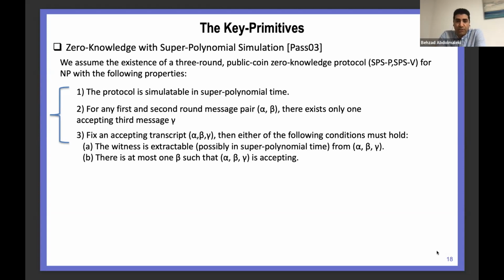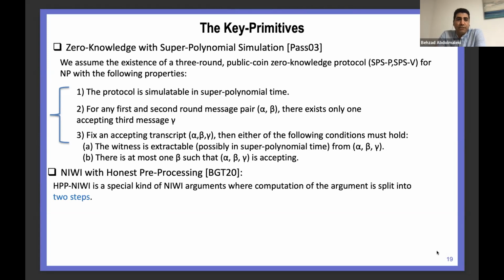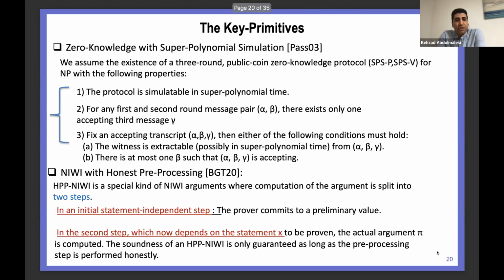And also we need a special kind of NIWI, non-interactive witness indistinguishability, which is called NIWI with honest pre-processing. It is actually a NIWI but divided into two steps. In the first step, the prover commits to some preliminary value, and in this step the prover is not given any statement, so it is statement-independent.